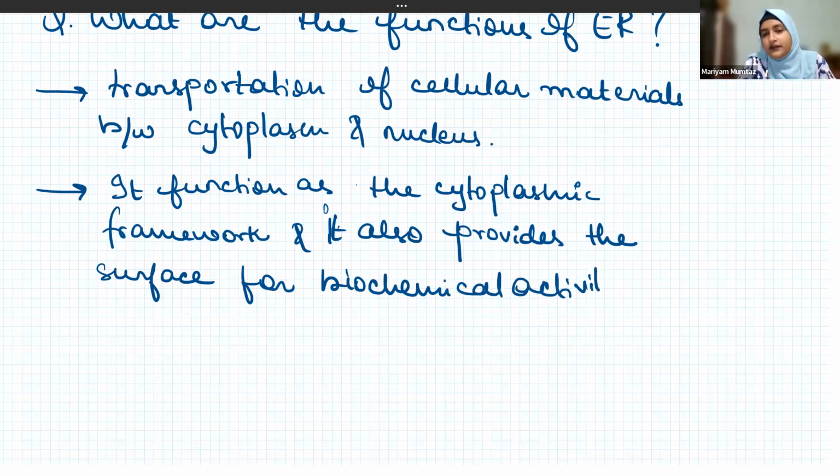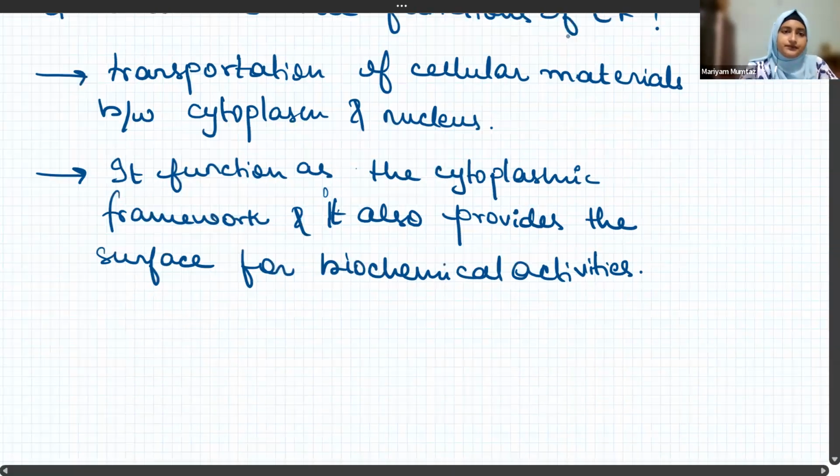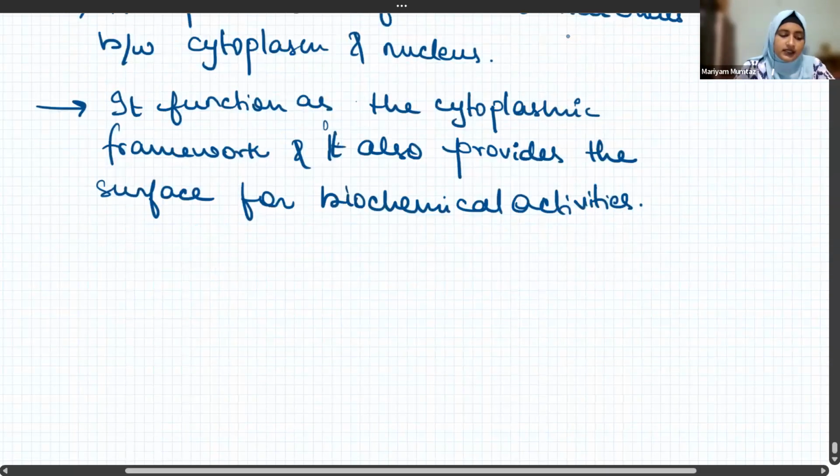So the two functions are clear to you. The first one is transportation, which you already know. And the second function, that it provides a cytoplasmic framework. It provides a framework and it also provides the surface for biochemical activity. Clear?